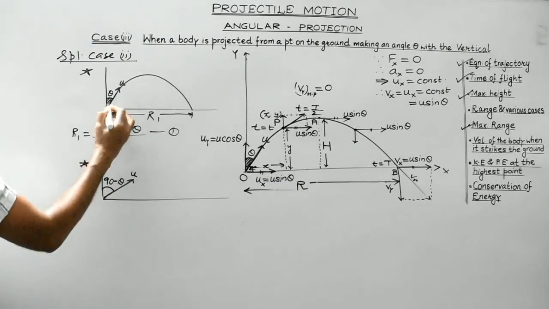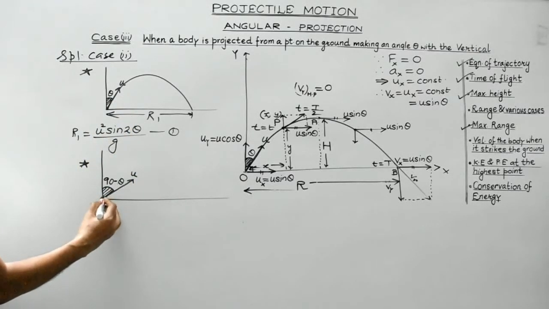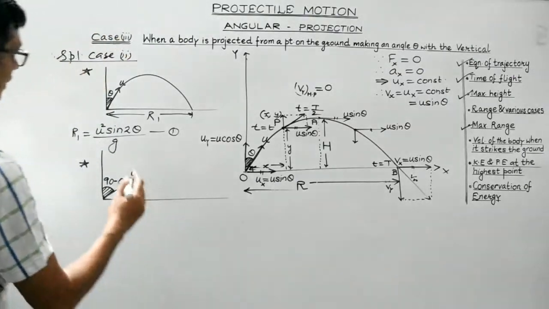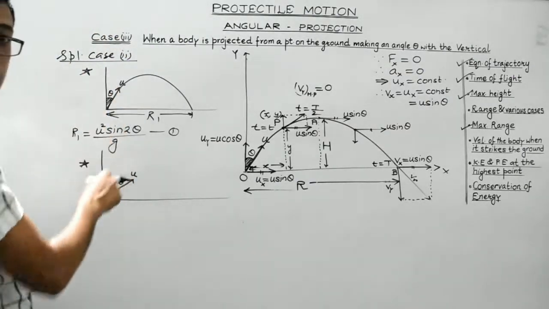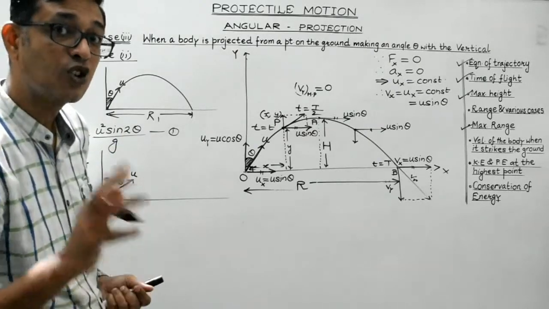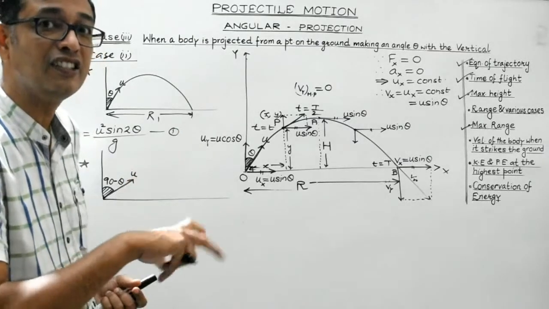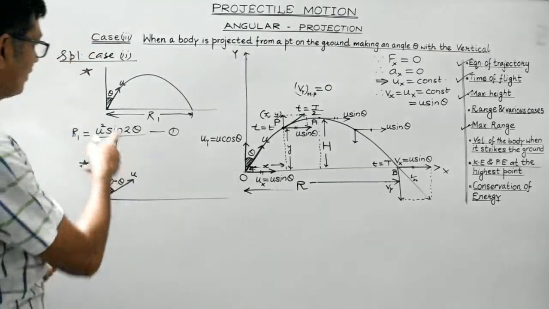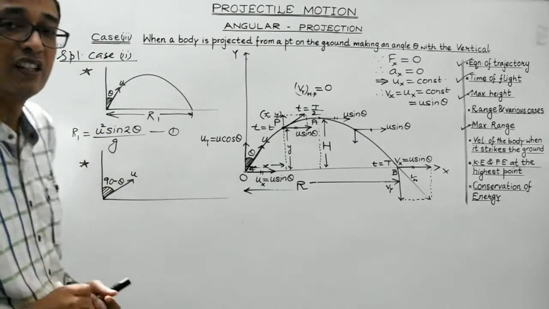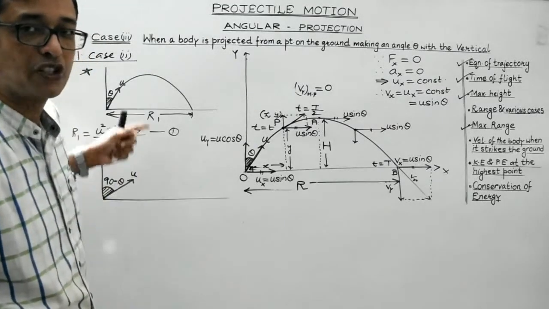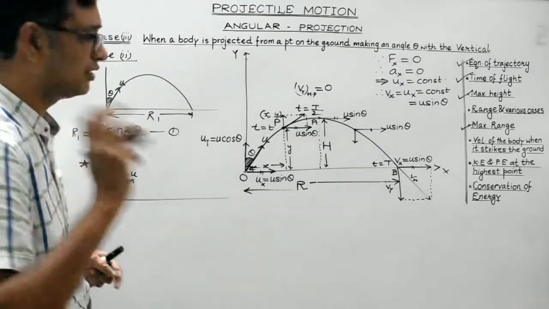These two angles are complementary. If one angle is theta, the other angle is 90 minus theta. Angle of projection in both the cases are complementary. If one angle is 20, the other one is 70. If one angle is 30, the other angle is 60. That is, if it is theta, the second one is considered to be 90 minus theta. But the velocity of projection in both the cases is same, that is u.